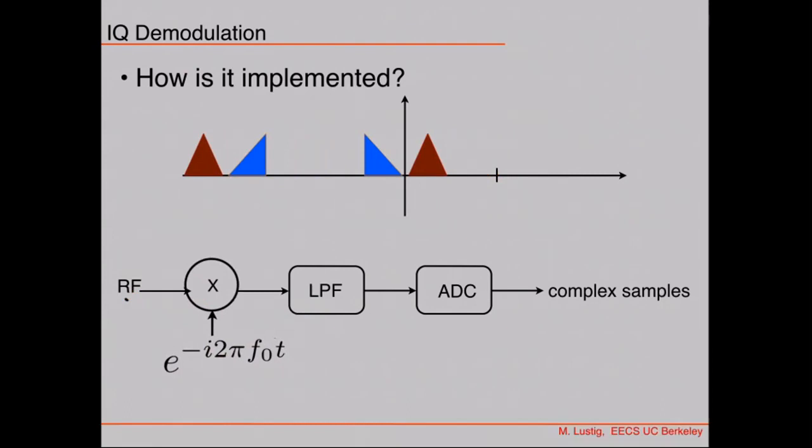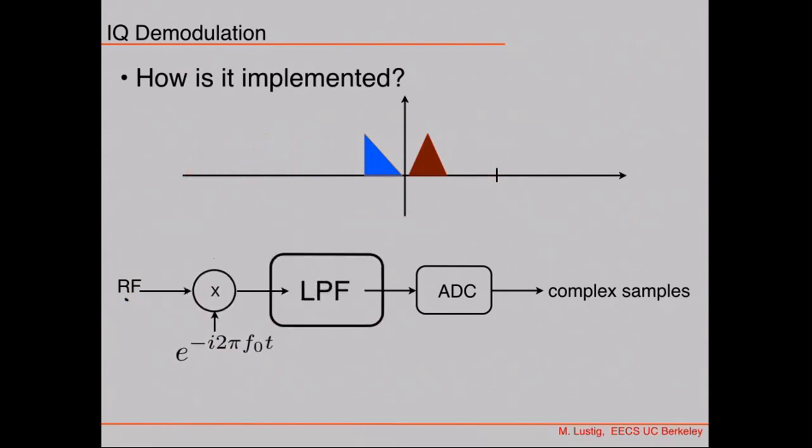Then I apply a low-pass filter, which is going to throw out this part, and I'm going to end up with just this part. Now the bandwidth is very narrow. It's just the bandwidth of MR. It's not 64 megahertz, it's in the kilohertz range. So now I'm going to sample that.